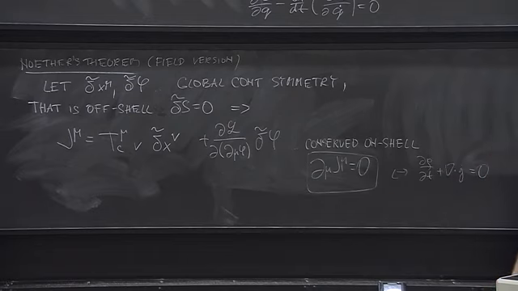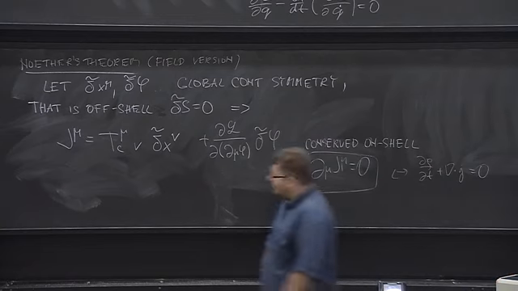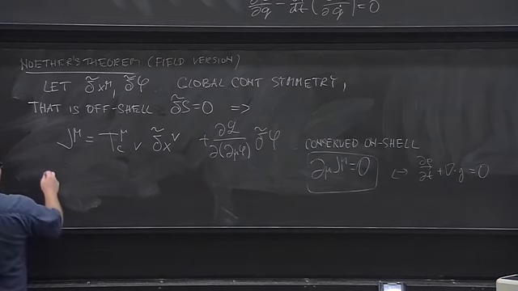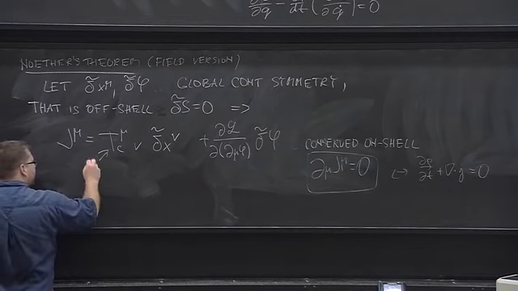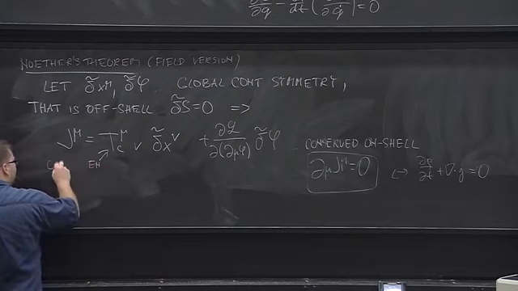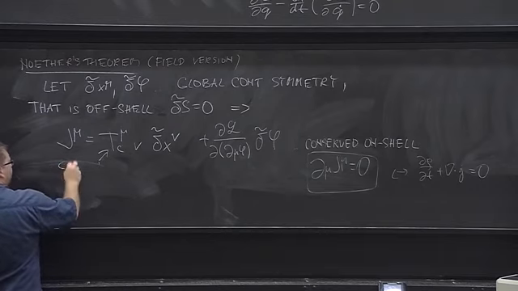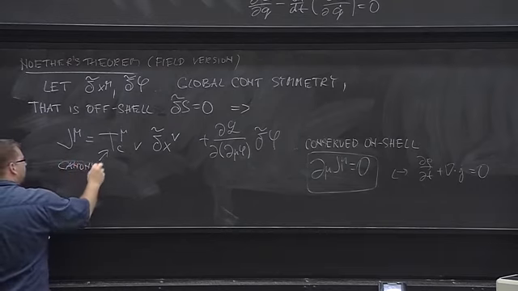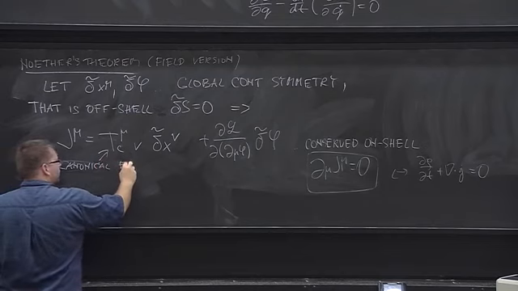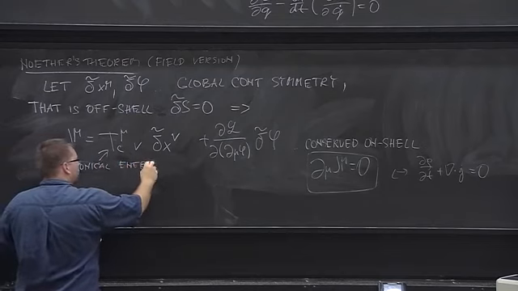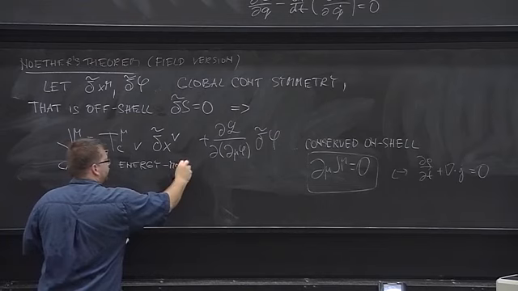So you will have the conserved charge. So now what T mu nu canonical is, is the energy momentum tensor, but the canonical one. Canonical energy momentum tensor.